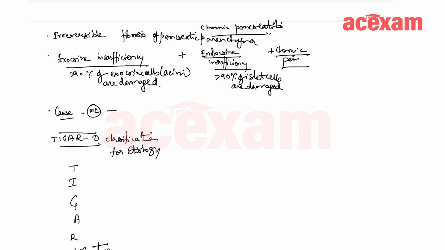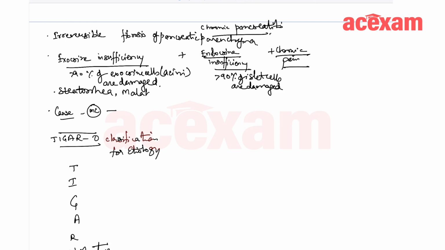Chronic pain occurs either due to inflammation of the peripancreatic nerves or the plexus, or due to the pancreatic head mass, which is actually the pacemaker of the pain, or due to ductal hypertension, which is due to obstruction in the main pancreatic duct. The exact reason is not known, as a few patients don't have a stone in their pancreatic duct, even then they are having pain.